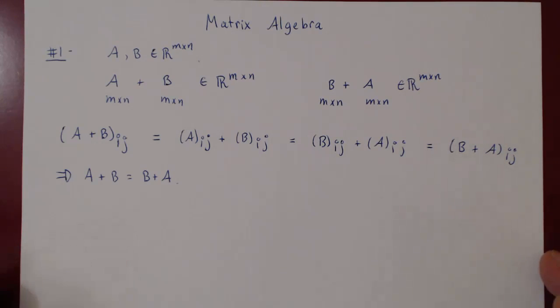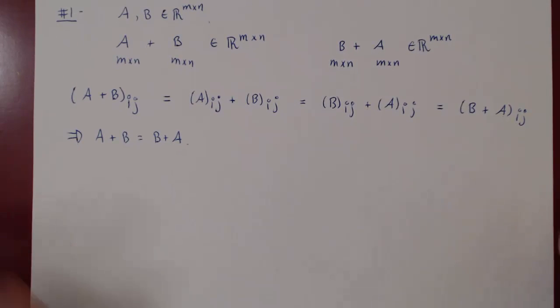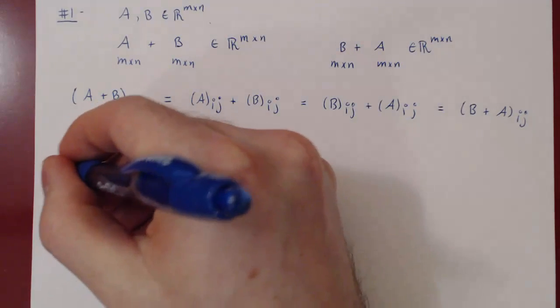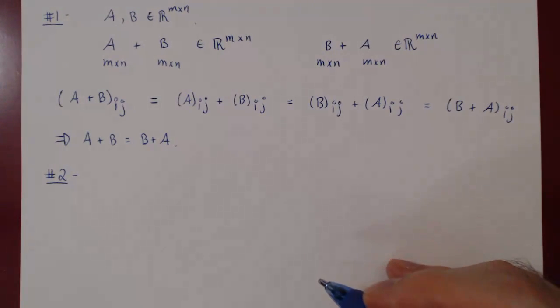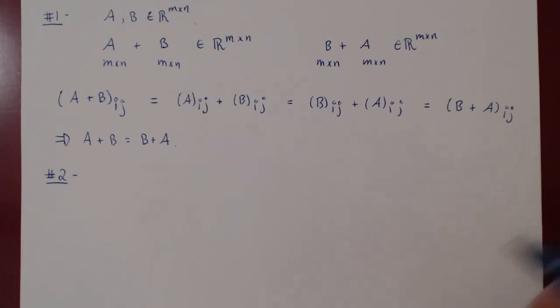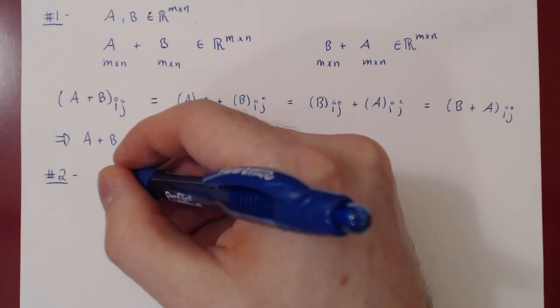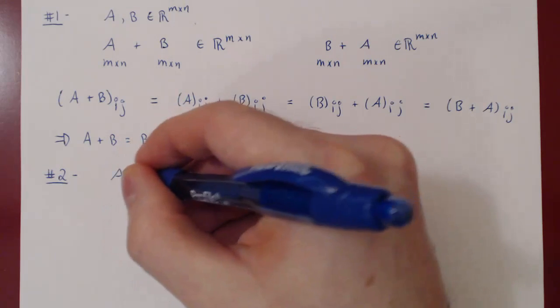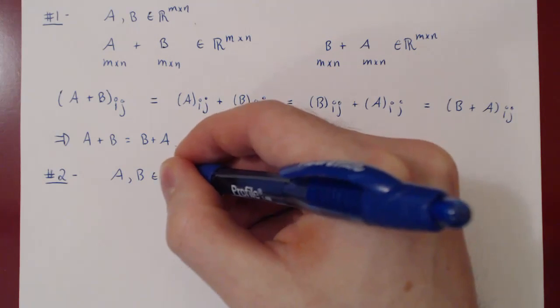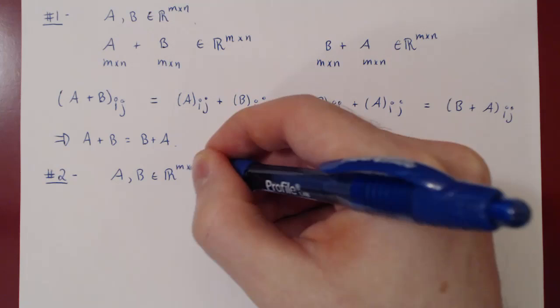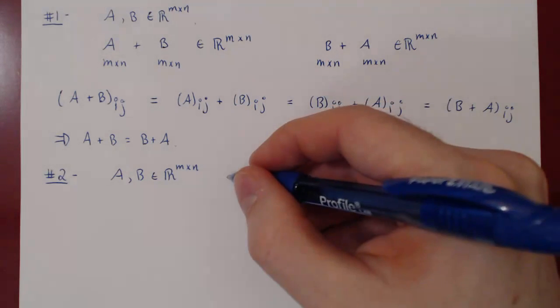Now, let's prove a property involving matrix multiplication. This is when things are a little more interesting. So we'll need here 3 matrices. Suppose that we take A and B to be of the same size. So A and B are M by N matrices.